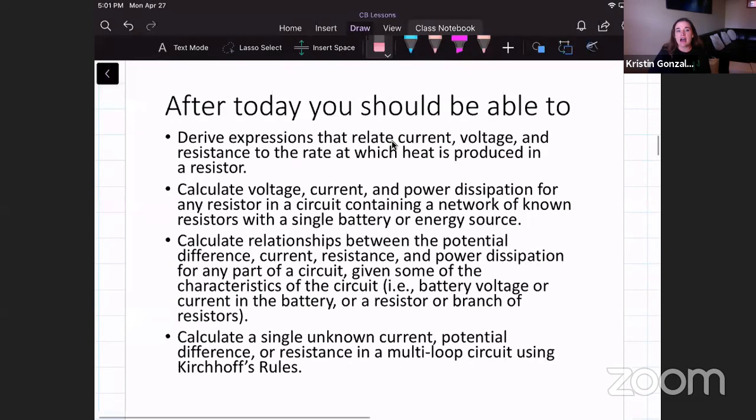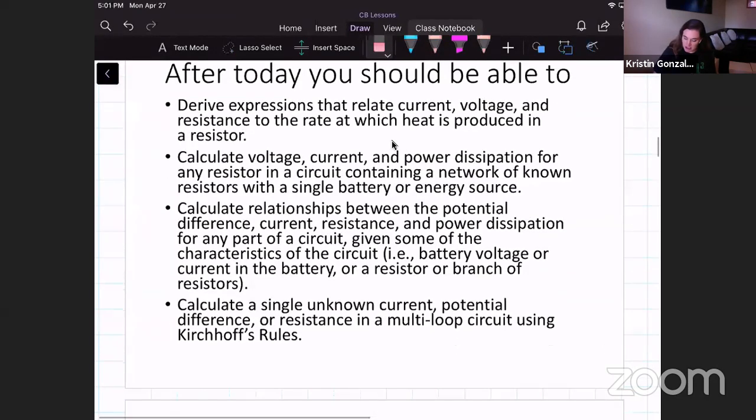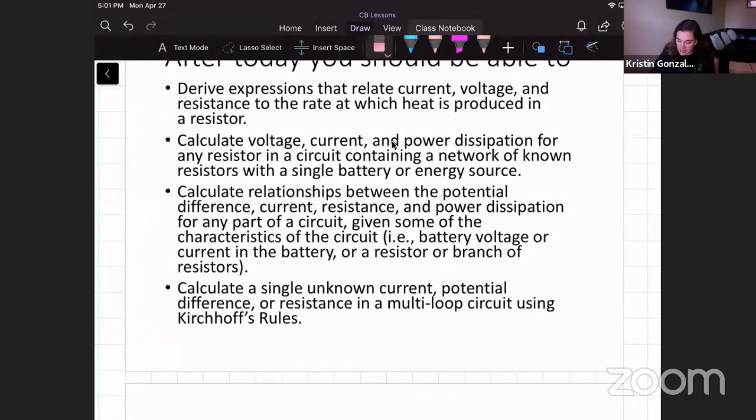Tonight we have the following for our objectives. We are going to derive expressions to relate current, voltage, and resistance to the rate at which heat is produced in a resistor. We're going to calculate voltage, current, and power dissipation for any resistor in a circuit containing a network of known resistors.